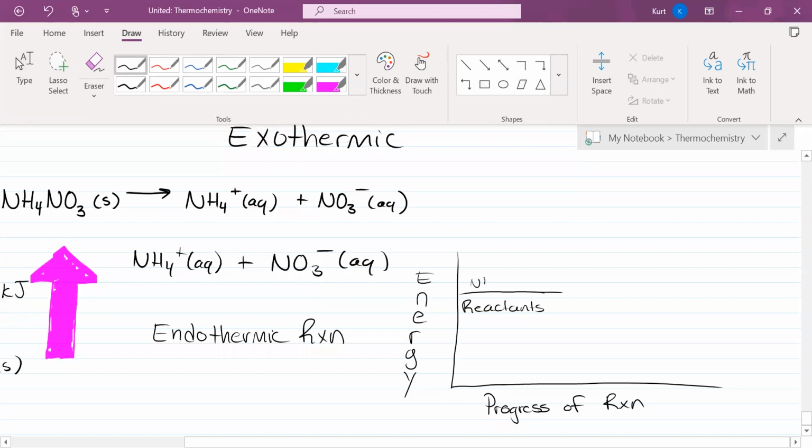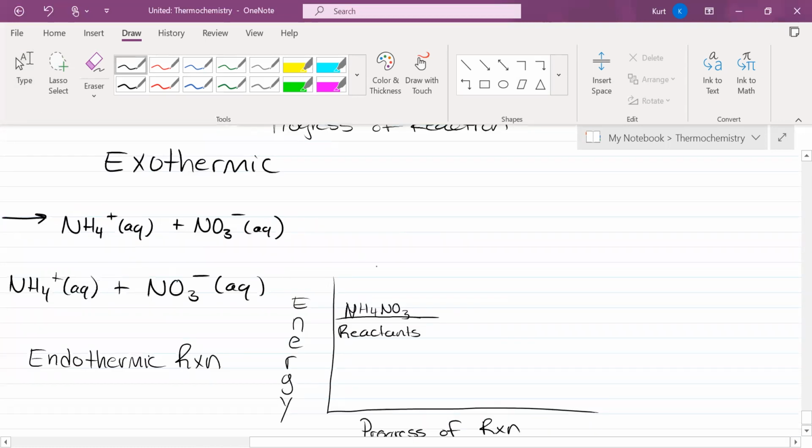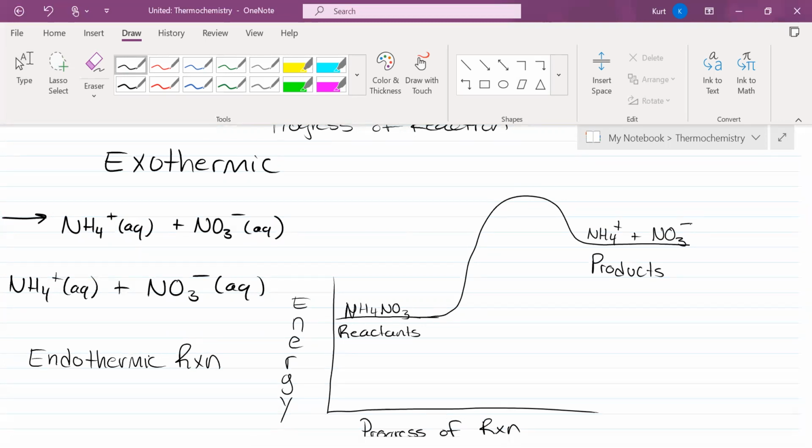This is NH4NO3. Are my products going to be higher or lower than that? Higher. It's going to look like this. Here's my products, NH4 plus NO3. So the products clearly have more energy.